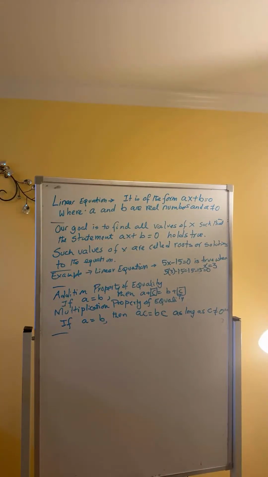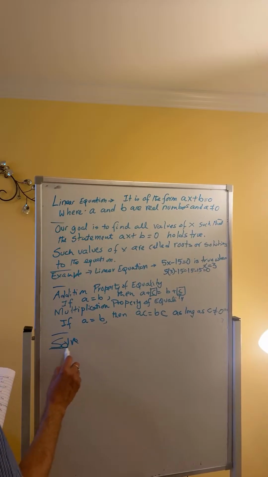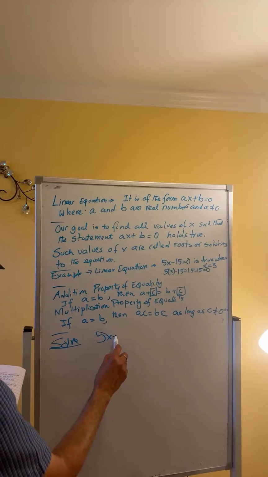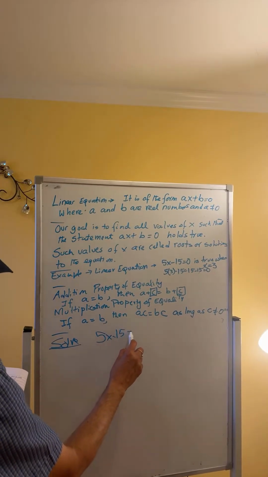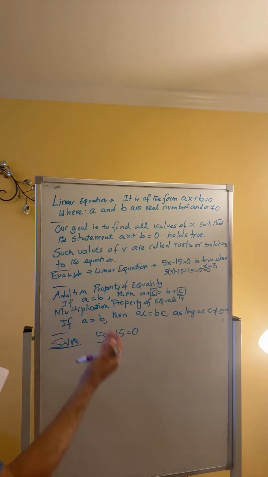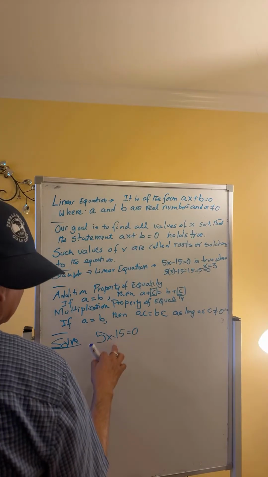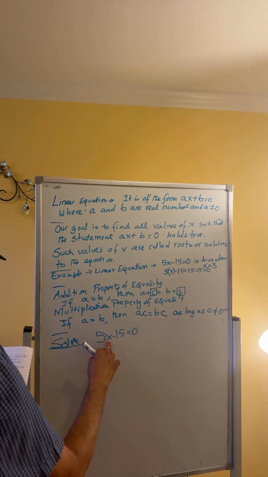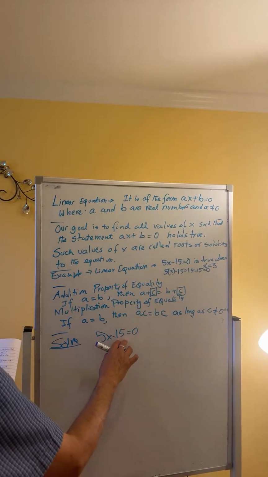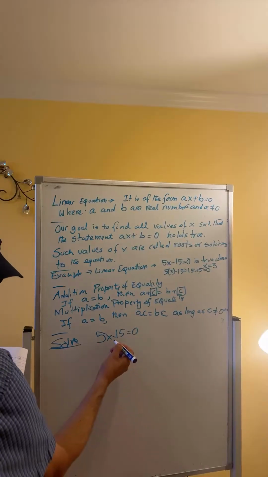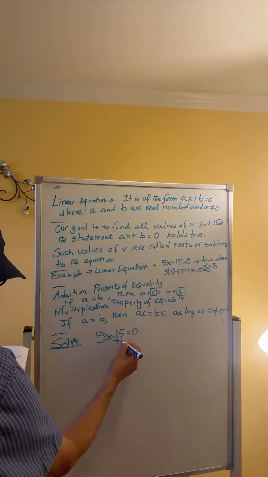Solve the problem that we had before, 5x minus 15 equal to 0. Here what we will do is separate the variables. The term 5x contains the unknown variable x, whereas 15 is a constant. We also discussed this last time. We are now going to add 15 on both sides.